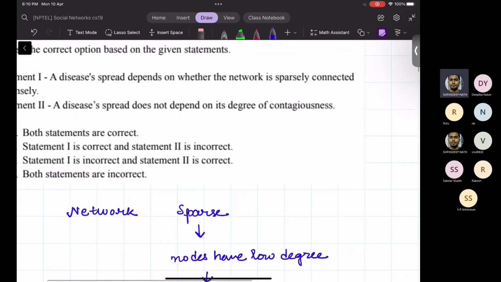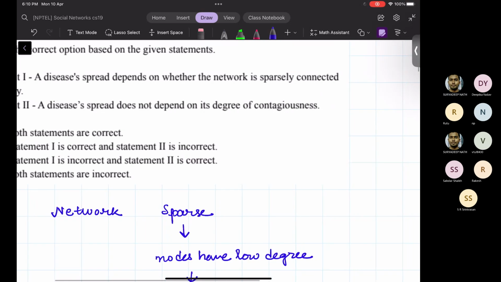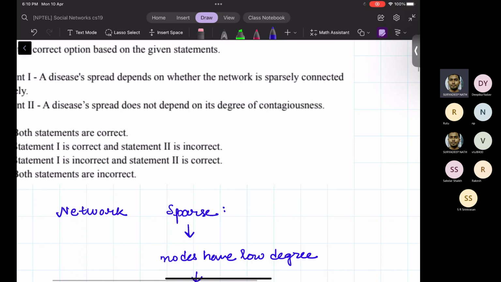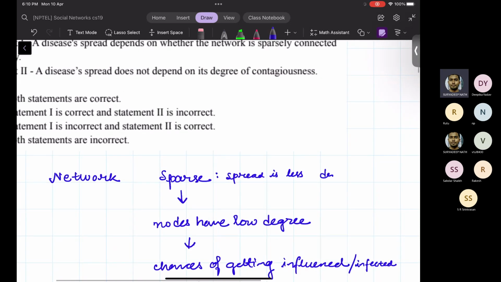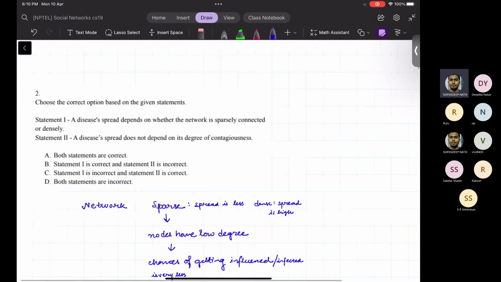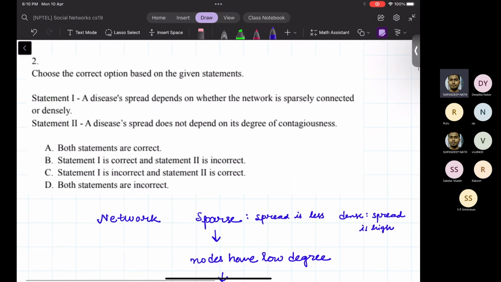So a sparse network means spread is less, and a dense network means spread is high. So statement one is definitely correct.